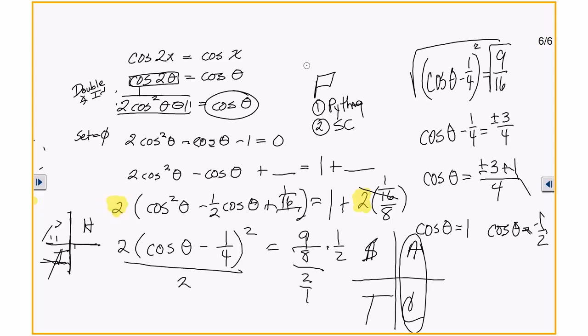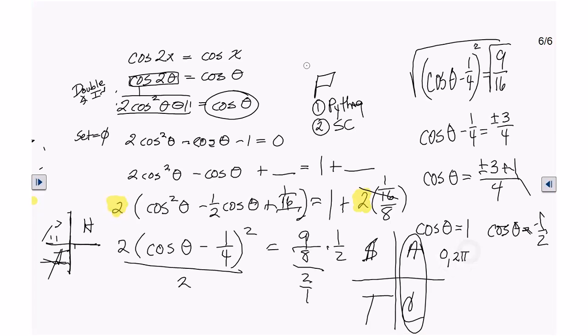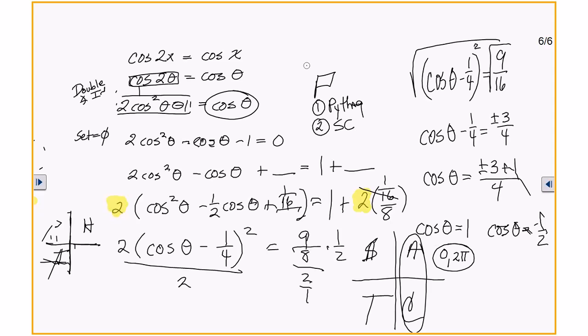Cosine is the x coordinate. So that would be positive 1, which is 0 and 2 pi, right? Somebody check me.